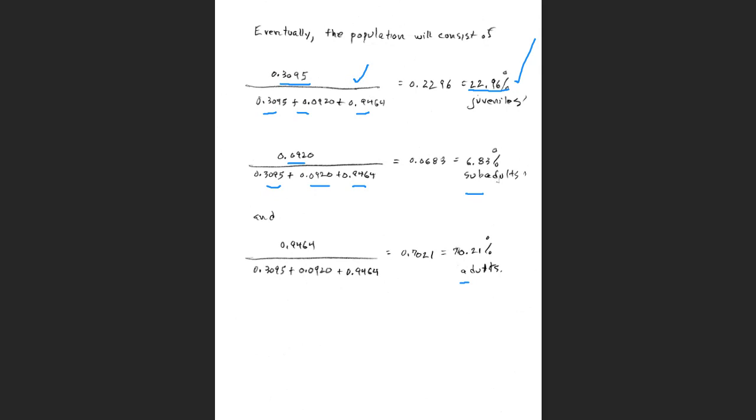Okay, hold on here. I'm just looking at MATLAB assignment number 4. What we're doing here when we find these percentages is finding the percentage of each class. We can call these different stages classes. We're finding the percentages of each class in the stable population, or the steady state population.